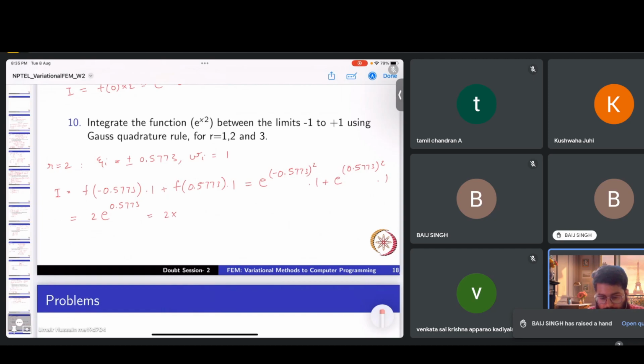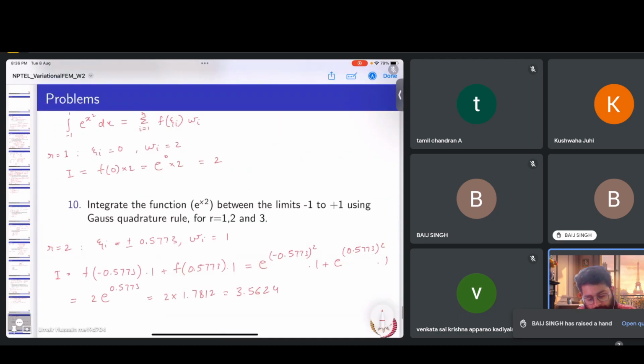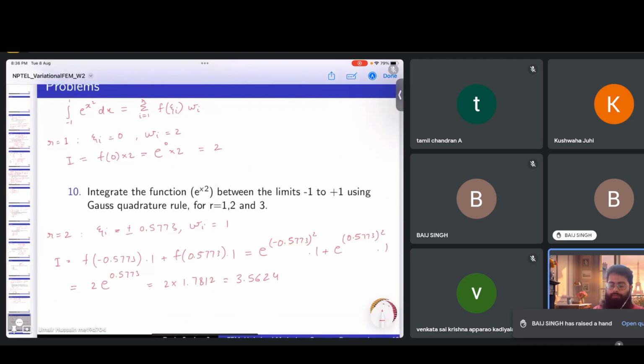So it's 0.5773, 1.7812. This multiplied by 2 is 3.562. I'll also write it in one more place. Okay, so there's a bigger gap now between the solution from one integration point to two integration points.